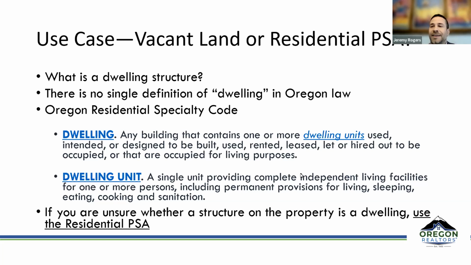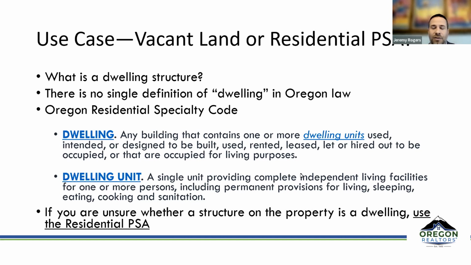But if it's an RV style vehicle that's just sitting on the property but is not installed on the property, then that would not be considered the dwelling unit for the purpose of a residential sale agreement. And you could use the vacant land agreement and then separately deal with the personal property issue of the RV. All right.